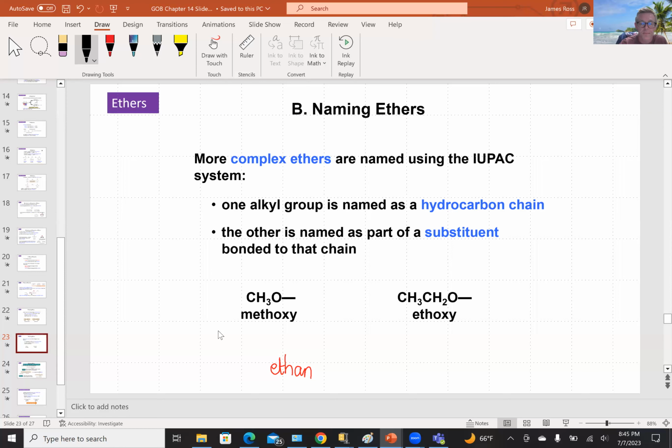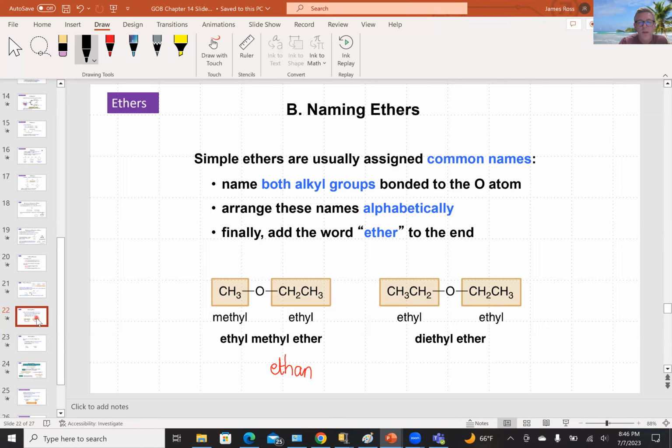All right. Now I've lost the slide. I'm sorry, let me go back to the right slide. Okay. So we know that out of the two alkyl groups, ethyl is the longest one, so we'll say that's an ethane backbone. And then we lump the oxygen with the shorter group, and we make this an alkoxy group.